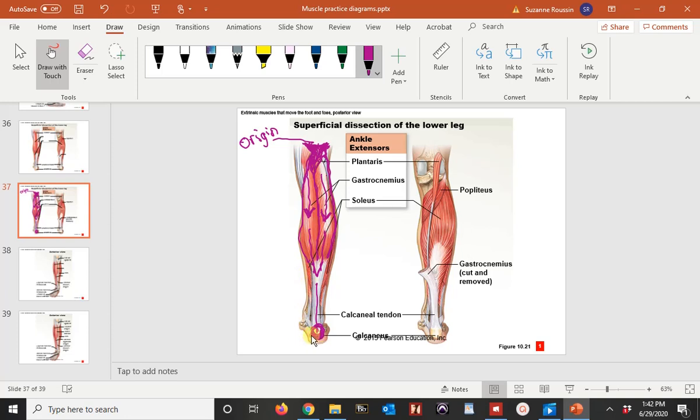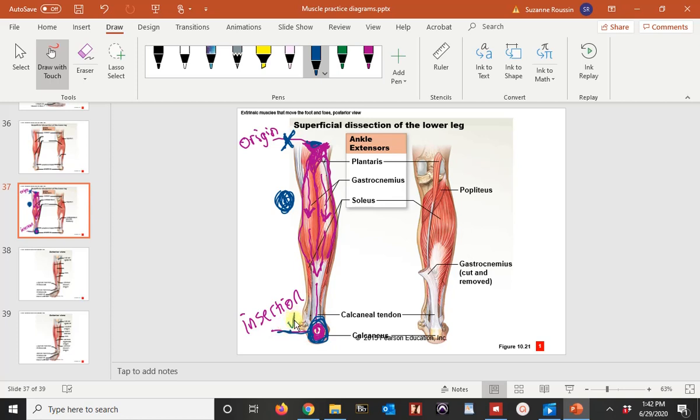The difference between the origin and insertion is that when this muscle flexes and tightens up, it does not move this origin point. It's not going to move the femur that it's attached to up here. What it is going to move is the bone that is at the insertion point.